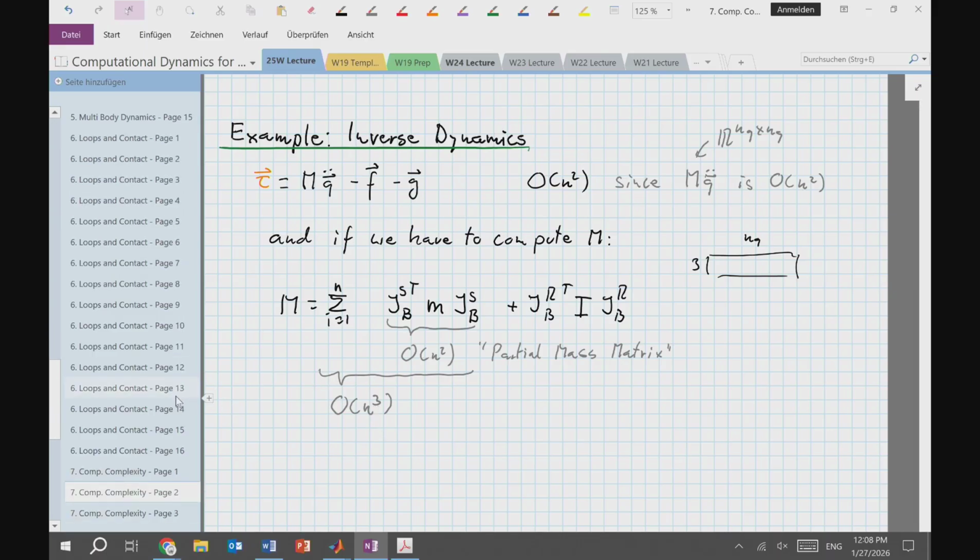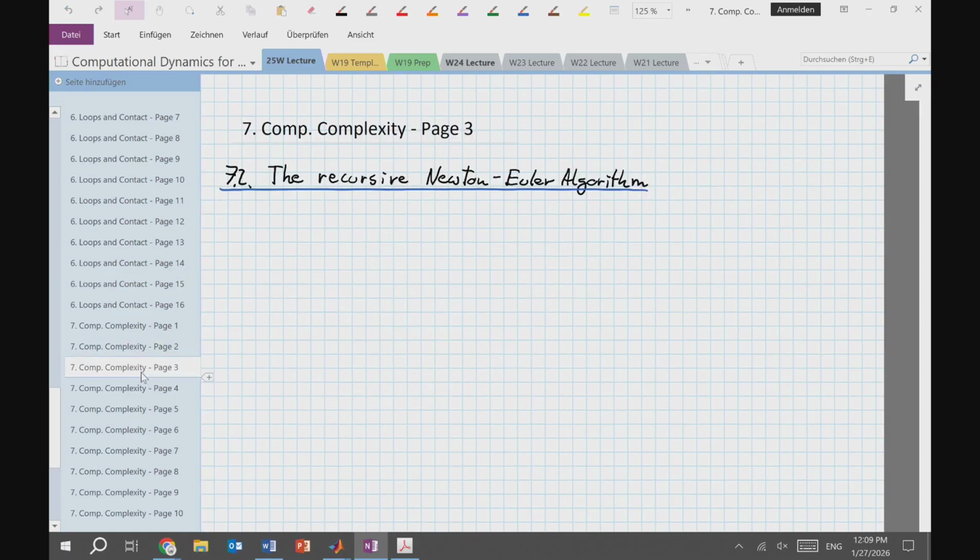But the fun bit here, and I think this is really interesting, is you can do this in order n. And of course, that means we cannot use a mass matrix, because just writing down the mass matrix would be order n squared. But we can do it in order n. And it basically requires throwing everything out that we learned in this course and starting from scratch. And then we get an algorithm that is called the recursive Newton-Euler algorithm.